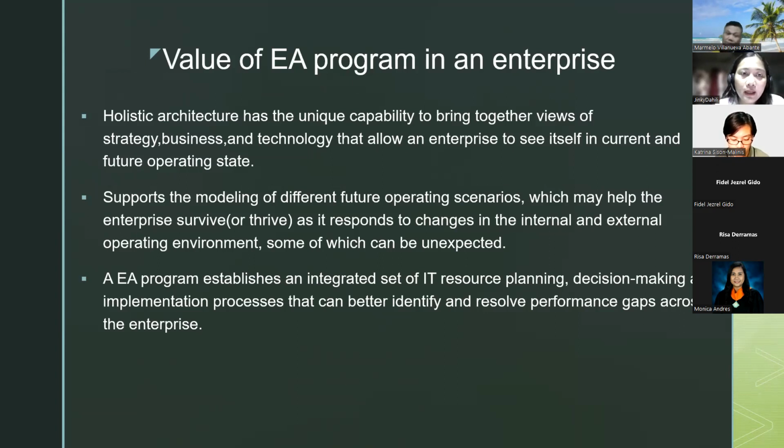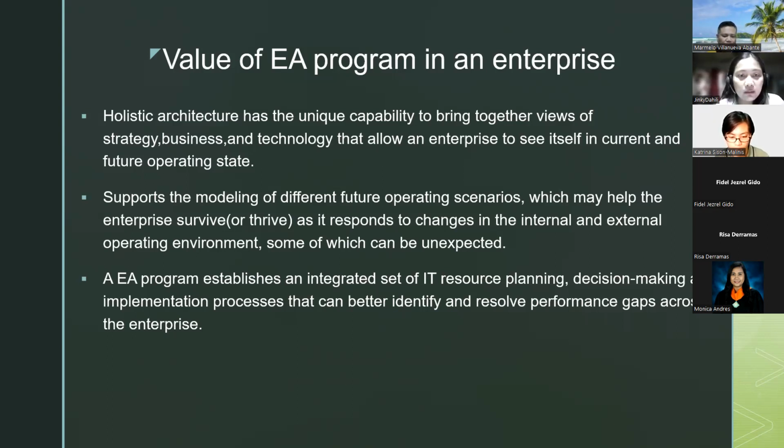For the introduction, the values of an EA program in an enterprise. A holistic architecture has the unique capability to bring together views of strategy, business, and technology that allows an enterprise to see itself in its current and future operating state.